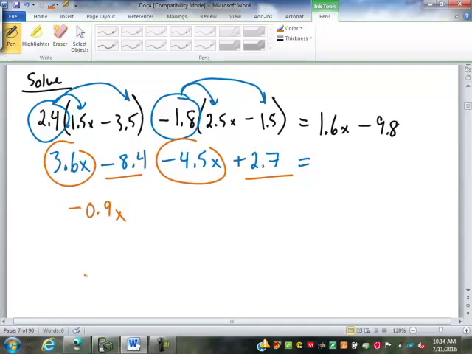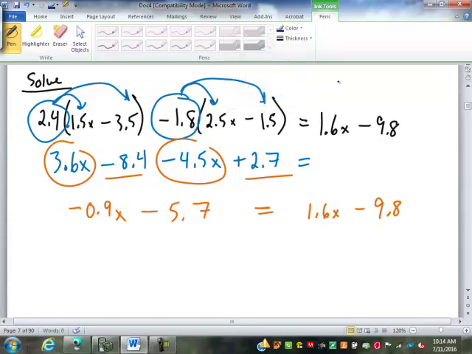Okay. Negative 8.4 and a positive 2.7 make negative 5.7. And that equals, on the other side, there's nothing to do, so that's 1.6x and minus 9.8.